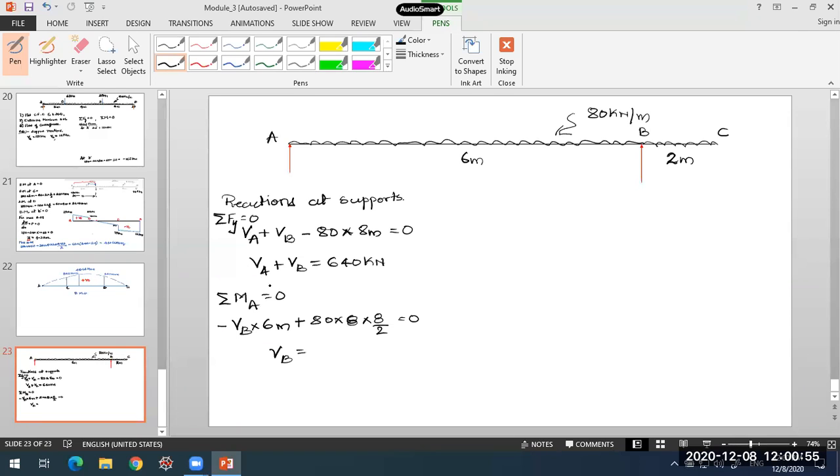If you have a problem in calculation of support reactions, you can ask and clear your doubts. Many of you were not able to calculate the support reactions yesterday.